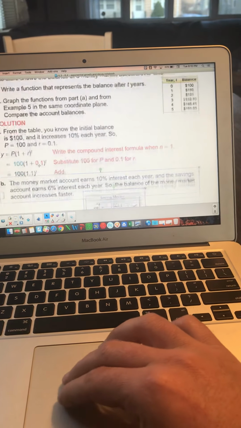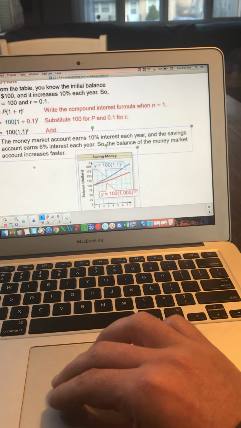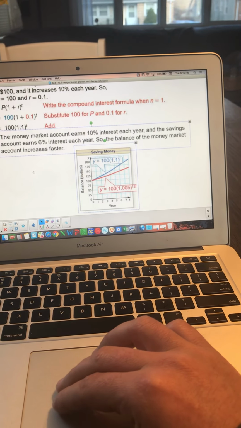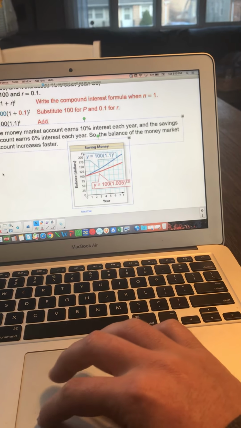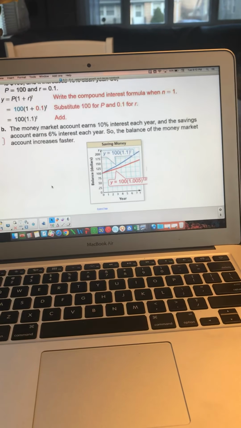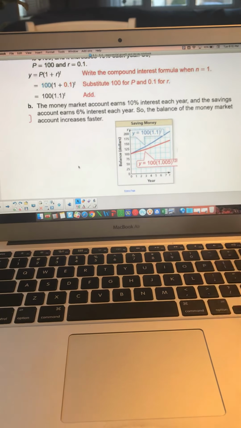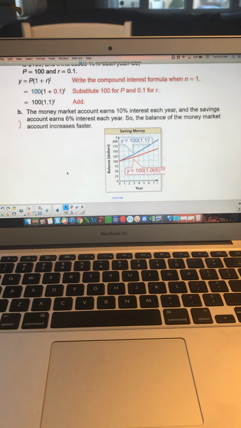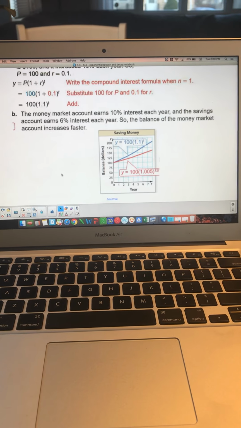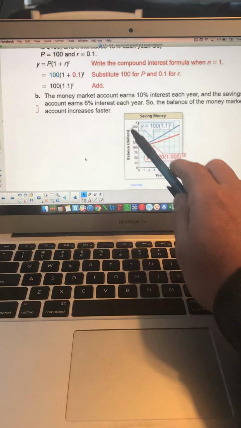Now, funny thing about example 5 is it's not here. So, don't worry about example 5. Just worry about the blue line. When you put the blue line in the coordinate plane, all right, we should get what's here.